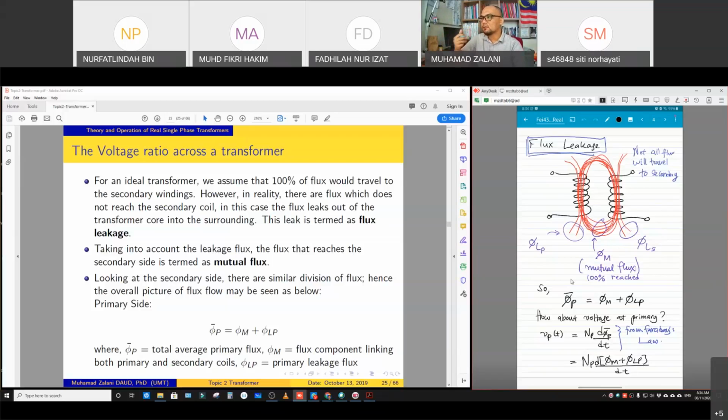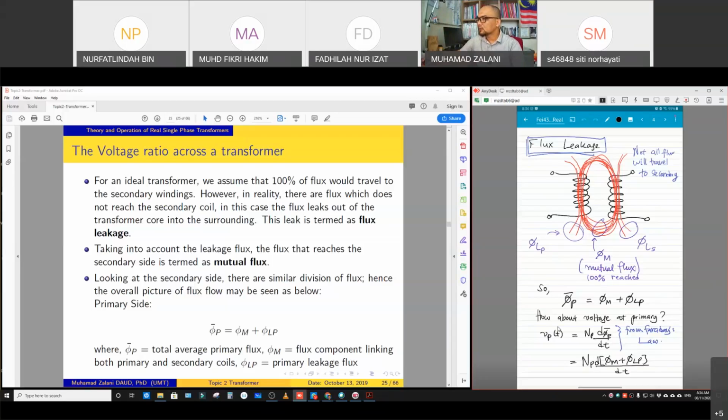Basically, in a real transformer, there'll be some leakage of the flux. Not the same as the ideal transformer, where we assume that all of the flux will be flowing inside the core, which is 100% of the flux will be passing through the core until it arrives at the secondary part.